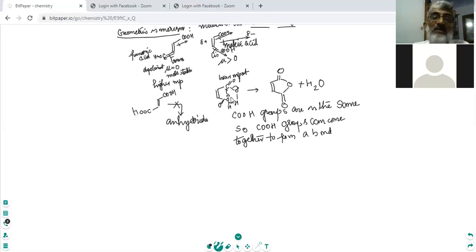That is what's shown here. You can see the oxygen of one carboxylic acid group attacking the carbonyl group, and OH is the leaving group here.